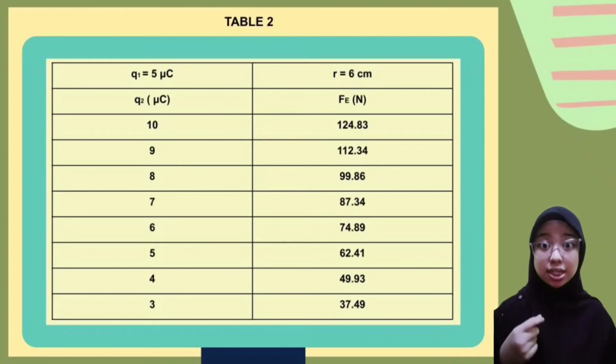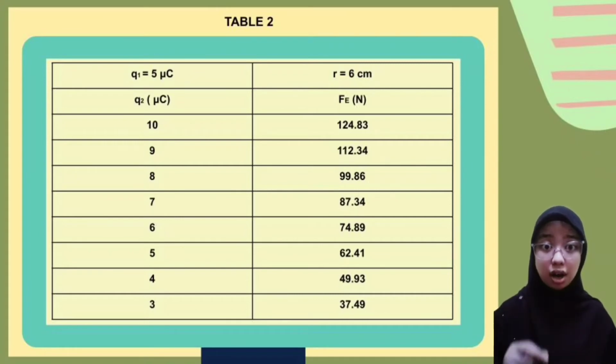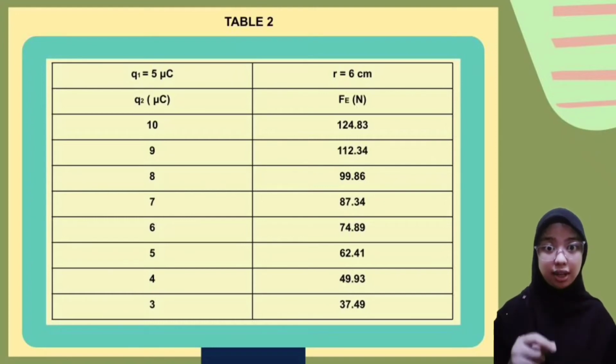So when Q2 is 10 microcoulomb, the Fe is 124.83 Newton. When Q2 is 9 microcoulomb, the Fe that we get is 112.34 Newton. The Fe is 99.86 Newton when Q2 is 8 microcoulomb. When Q2 is 7 microcoulomb, the Fe is 87.34 Newton. Q2 equal to 6 microcoulomb, the Fe is 74.89 Newton.